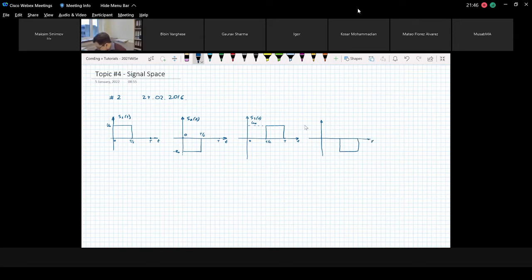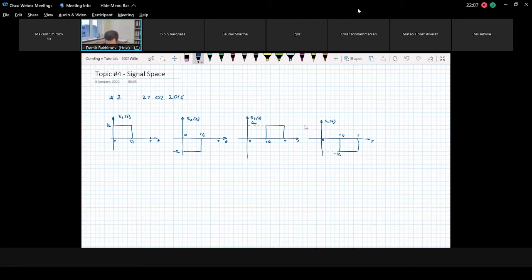This is the set of signals that we have. And we need to use the Gram-Schmidt procedure in order to obtain an orthonormal basis.